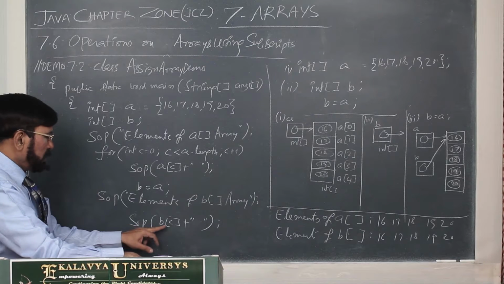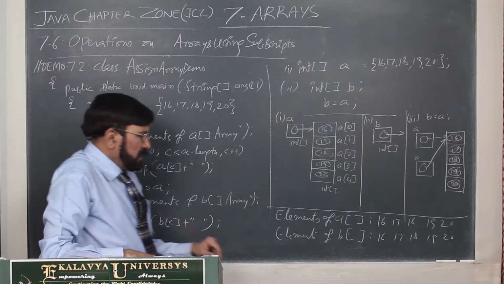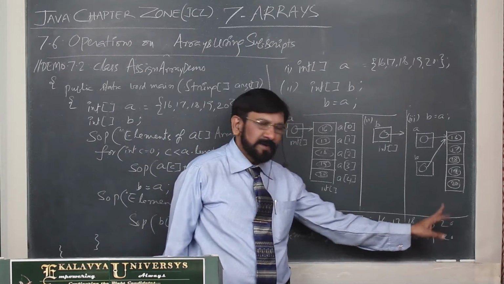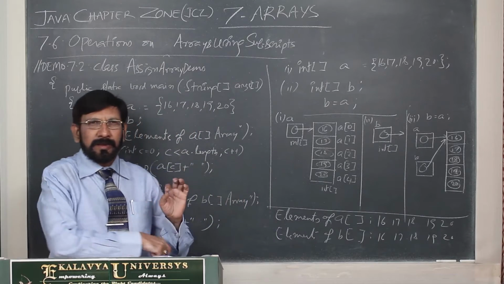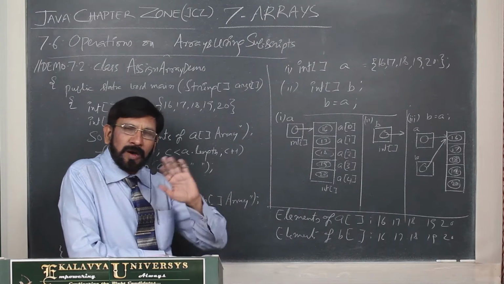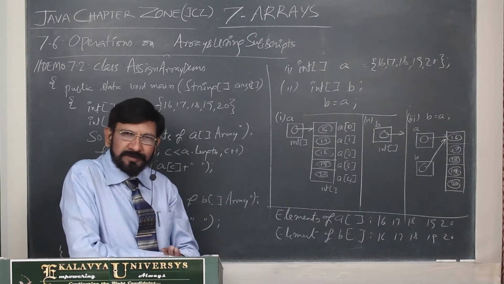Then you see now we are writing B array using SOP statement. As a result of that, again 16, 17, 18, 19, 20. So simply assigning references, no new array is created. That point you have to understand by this.